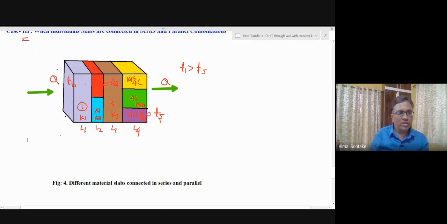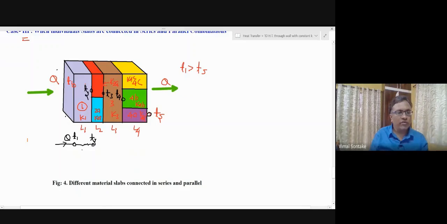Now first let us draw the equivalent electrical circuit. So Q is the flow quantity. This is temperature T1. Let's say this face is at temperature T2, this at T3, this at T4, and this is finally at T5. So here the slab 1 is made up of a single material only between temperatures T1 and T2.